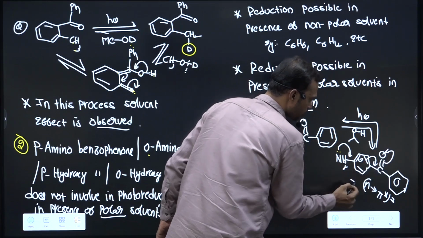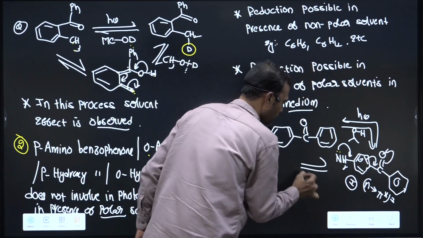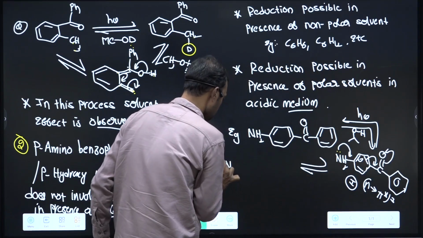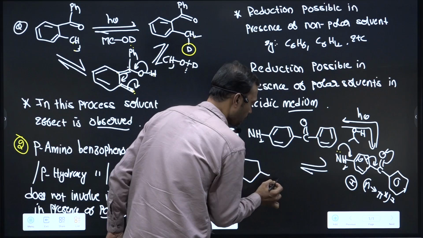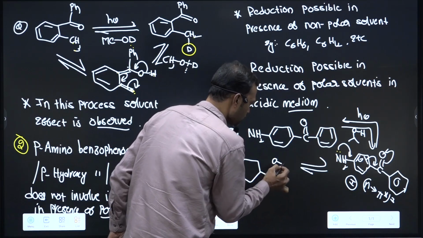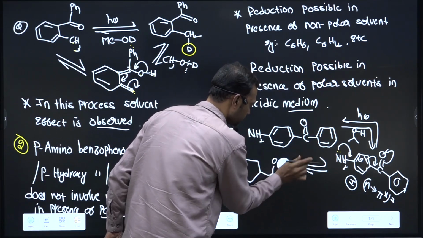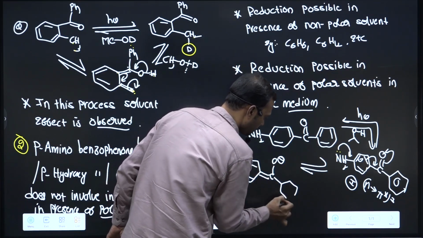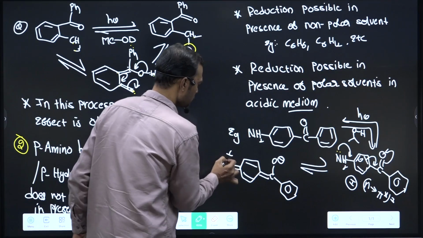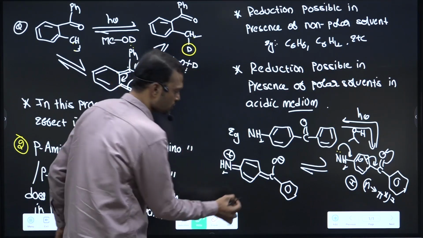Due to the mesomeric effect, this is your first resonance. Now I am writing the resonating structure. This is OH or O minus. You will get a double bond, and here benzene as it is. What is the charge here? Negative charge. This is your second resonating structure.